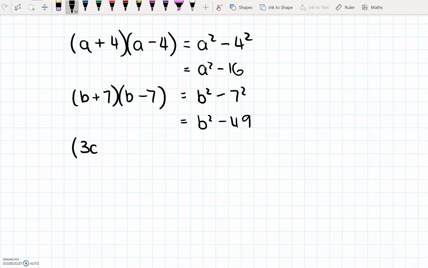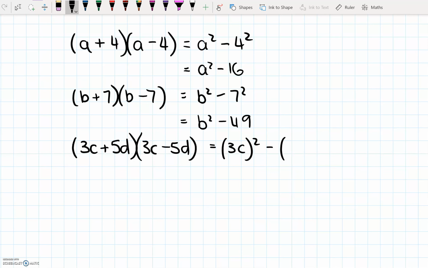For example, 3c plus 5d, 3c minus 5d. And that's going to be equal to, and this time you need to make sure you use brackets, (3c) squared minus, the next term was 5d, so (5d) squared.